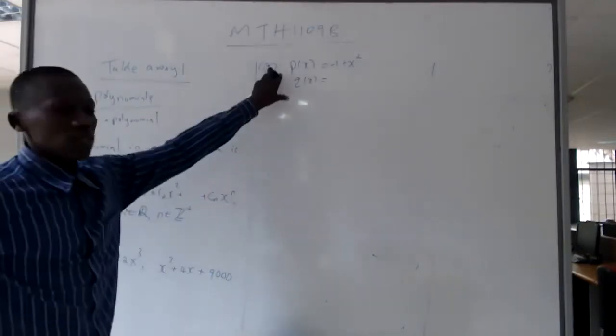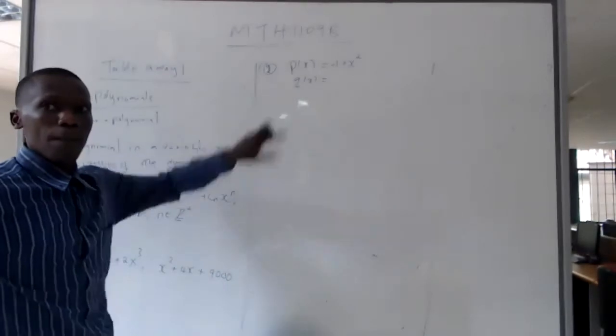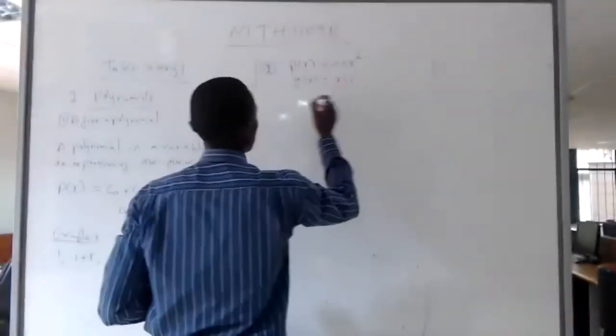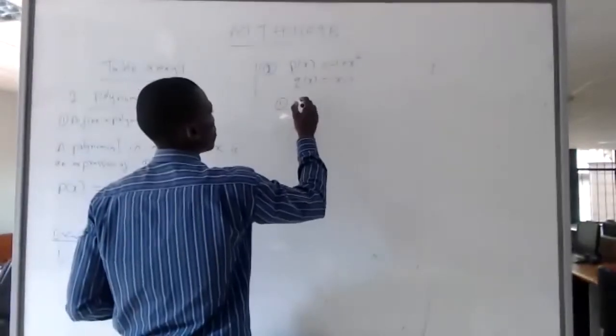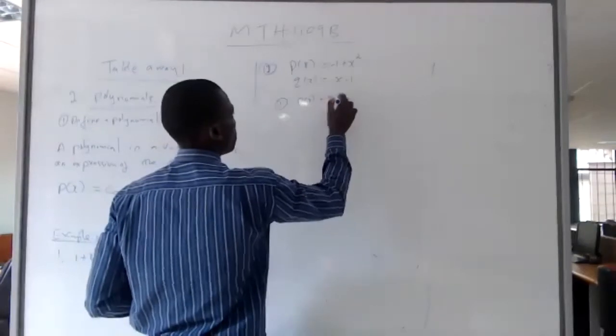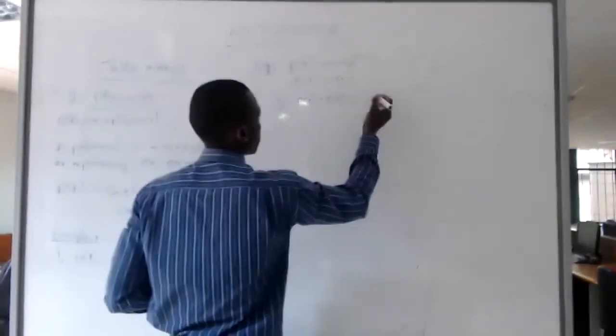What was the second part? The second polynomial? x minus 1. You say that and people here will choose to start a discussion on Zoom. And please mute. I mean, it's very easy.